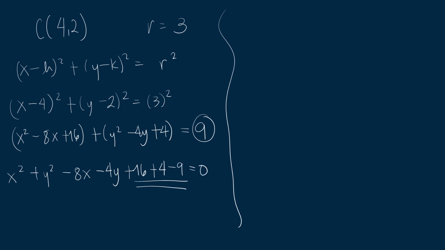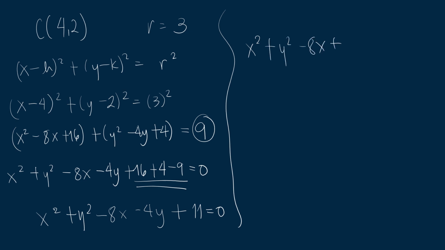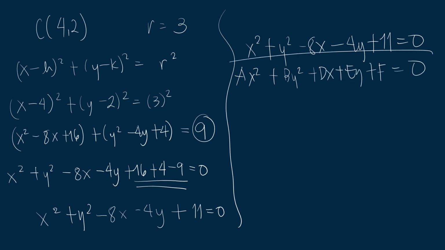Simplifying the constant terms, so it will become x squared plus y squared minus 8x minus 4y plus 16 plus 4 is 20 minus 9, that would be 11 is equal to 0. Still, we can see the format of our general equation. Minus 4y plus 11 is equal to 0. So ax squared plus by squared plus dx plus ey plus f is equal to 0. So this is already your general equation.